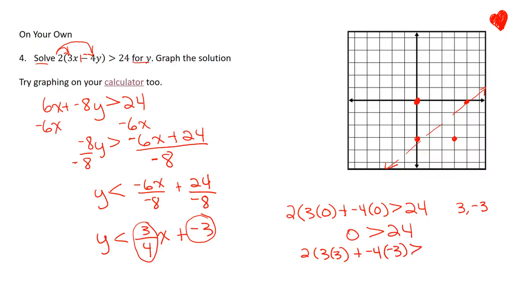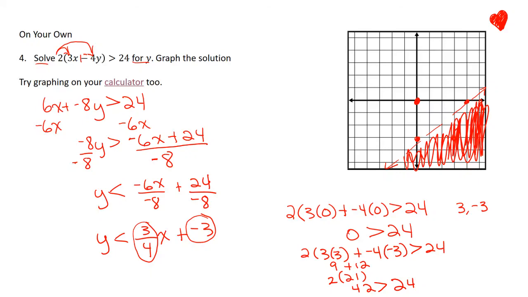And we want that to be greater than 24. So 3 times 3 is 9. And negative 4 times negative 3 is a positive 12. 9 plus 12 is 21. 21 times 2 is 42, and that is indeed larger than 24. So this section would need to be the one that is actually shaded in. So anything down below here is going to be true.